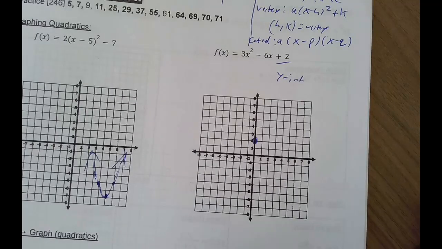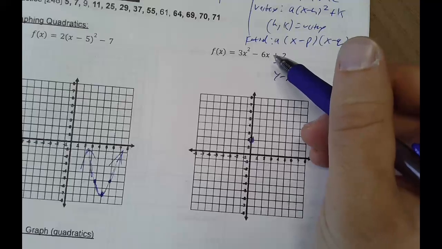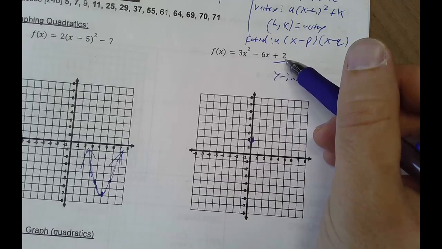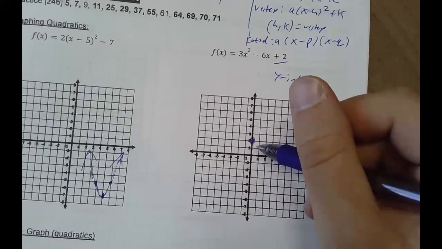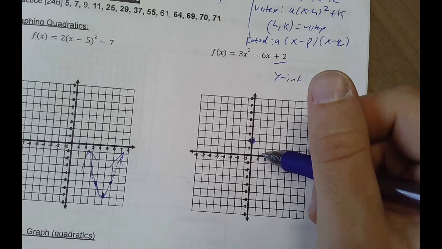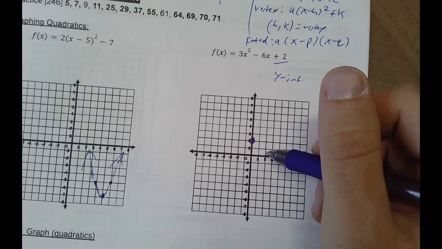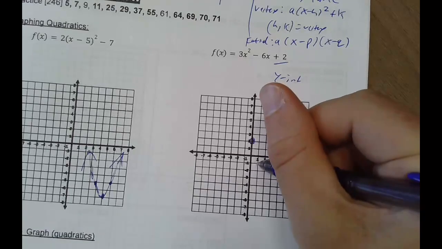And then we can plug in some other points. So we could plug in, for example, -1. -1 goes in, you're going to get 3 plus 6 plus 2. 3 plus 6 plus 2 is 11. So it's actually going off the charts here. So let's actually try a 1. 1 is going to be 3 minus 6 plus 2, which is actually -1.